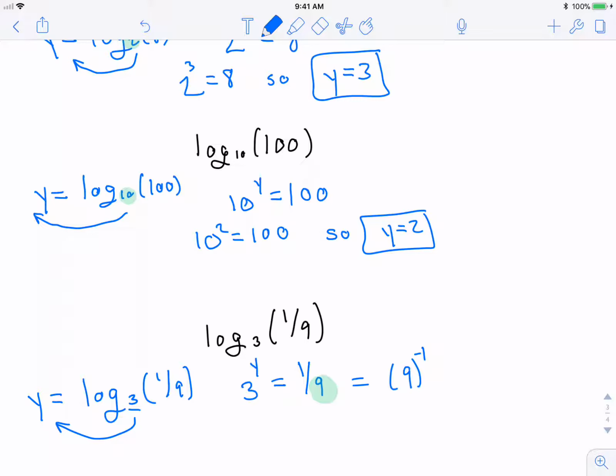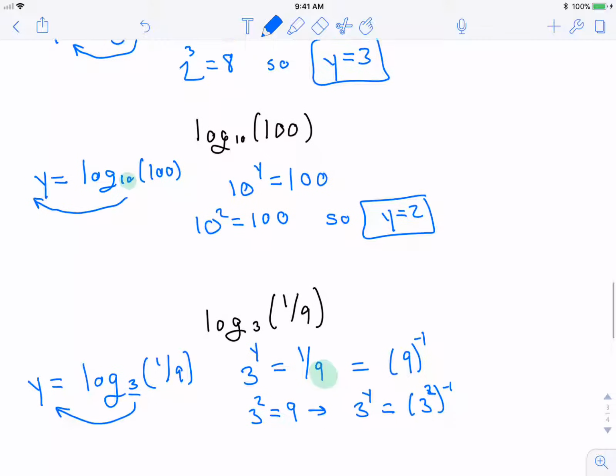Let's see how we can relate 3 and 9. Well, 3 squared is equal to 9. So this means that 3 to the power y should be 3 squared to the power -1. But we know how to combine the 2 and the -1 in this case from our rules.